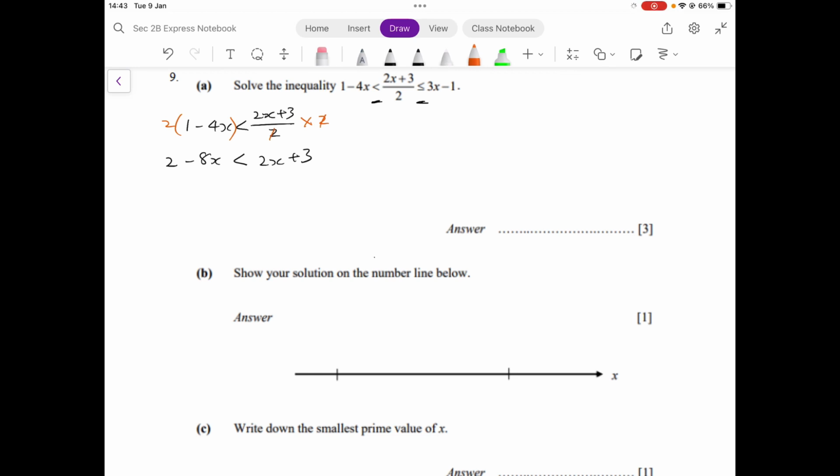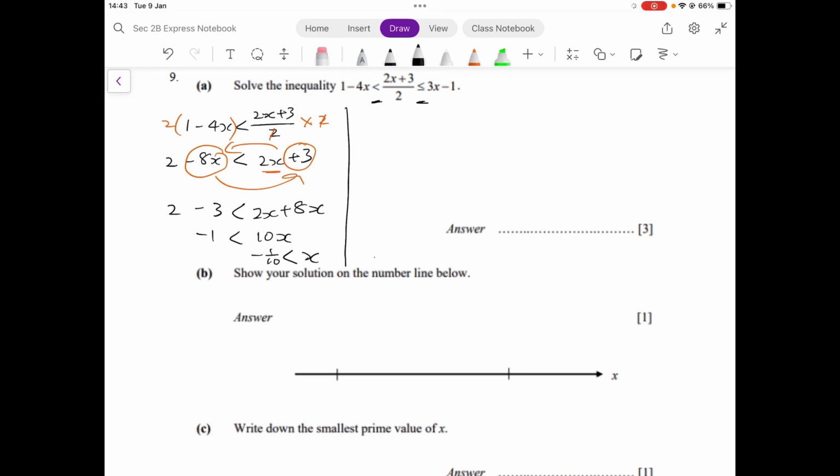Right, and because this is the bigger x term, I shift this over and I shift this to the other side. Then from here, what you will do now is solve. So 2x plus 8x, 2 minus 3, you get minus 1, 10x, right? So divide by 10 on both sides, you get x more than minus 1 over 10.